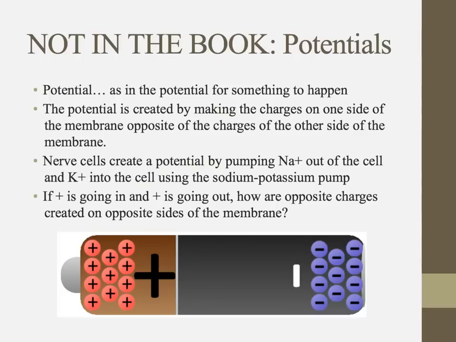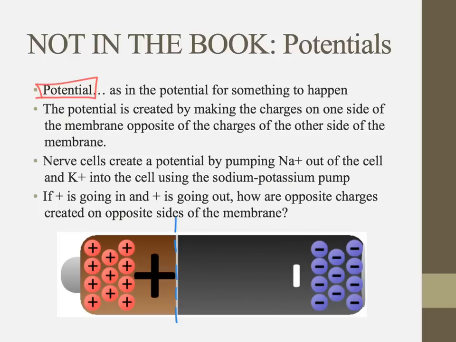As we start talking about nerve impulses, you're going to hear me say this word potential a lot. Batteries and nerves work in a very similar fashion. When we say potential, what we mean is that there's some kind of a membrane, and there's a difference in charge on either side of the membrane.